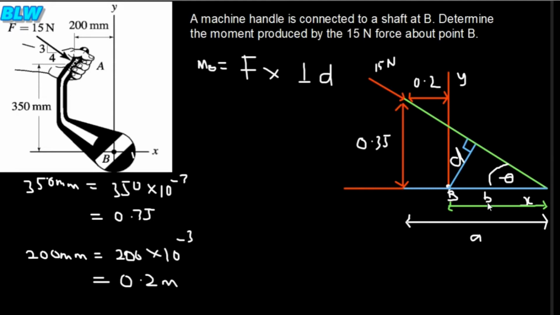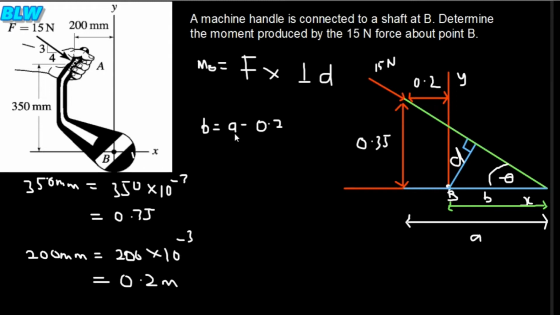You want to find B, and before you can find B, you must find A. When you get A, you subtract the 0.2 from A, then you get B. So B equals A minus 0.2.